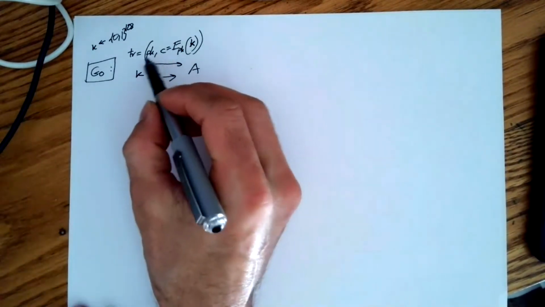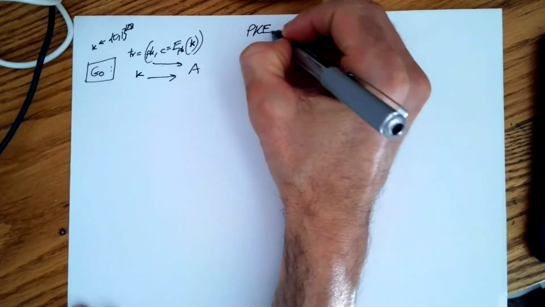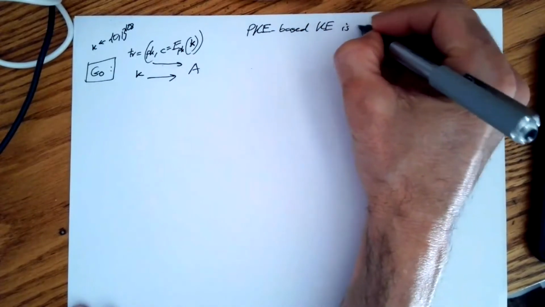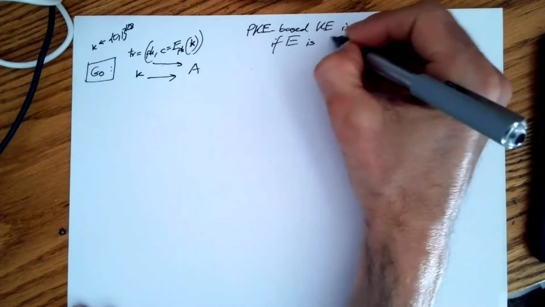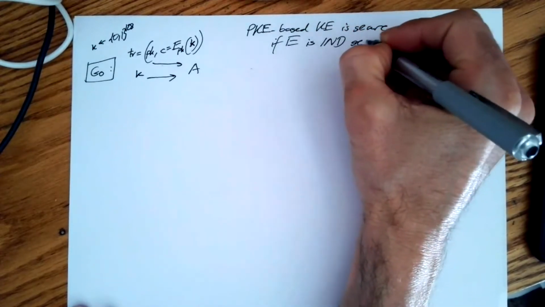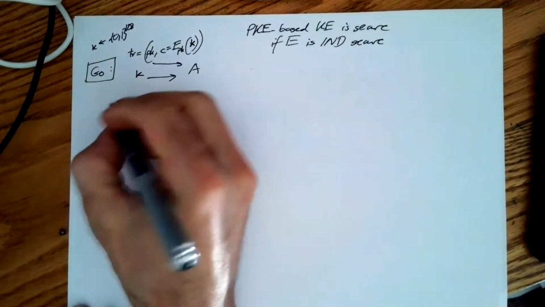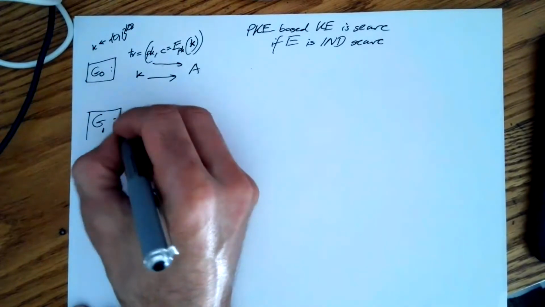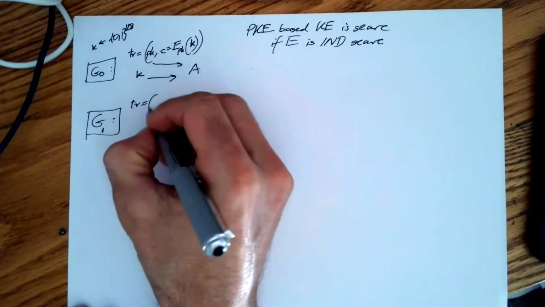Let's now see that this PKE-based key exchange is secure if the encryption is secure. Okay, so my target game G1, I want to show that this is indistinguishable from the following.